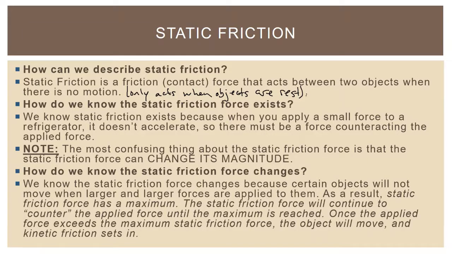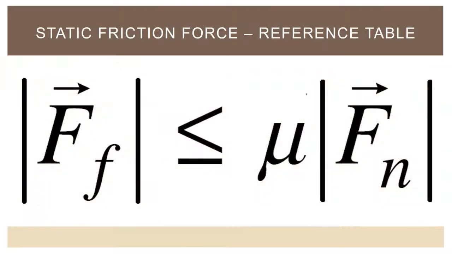Okay, so if you look in your AP physics reference table, they have an equation for the force of friction. And it looks like this. And I'm sure looking at that, you are probably thinking, ooh, what is that?